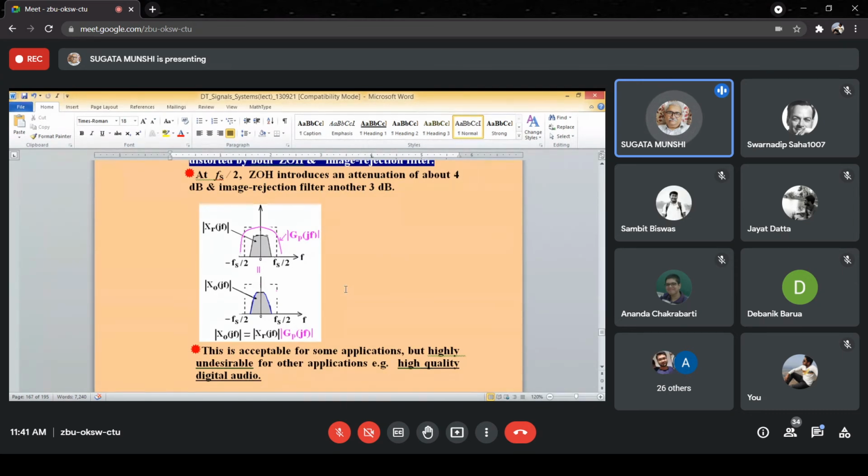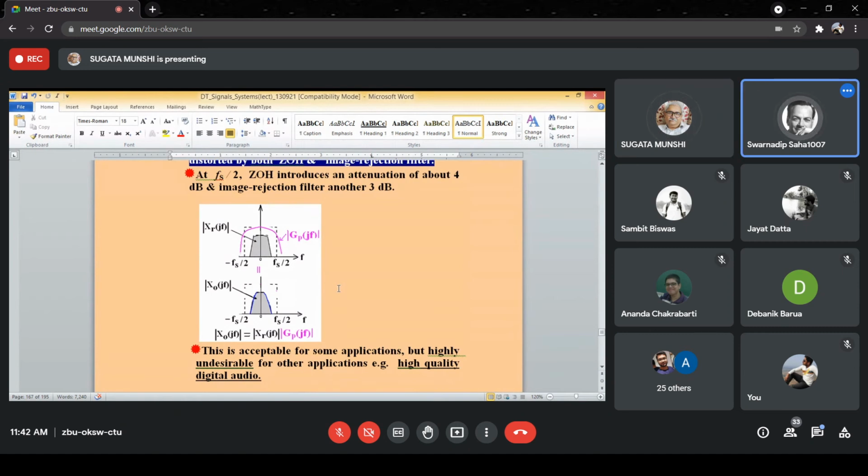Now, if you want to bring back the original signal from this modified version, what type of system do you propose theoretically? So you have a system with transfer function GS. It modifies a certain input signal xt to produce a certain output signal x naught t. What type of system would you place in cascade so that the output of this second system is xt back again?